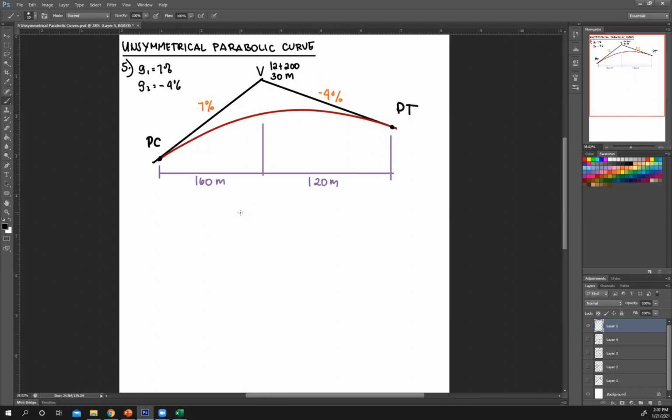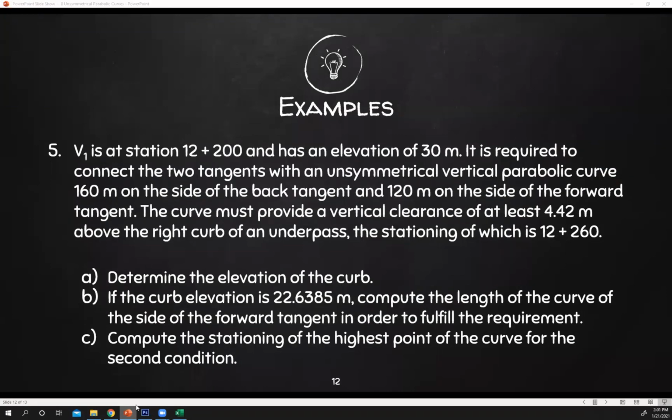So drawing your curve, let's say it's somewhere here. Okay. This is your underpass. Here it is. And then drawing your curve. And this is your right curve, this is your left curve. So this curve has stationing 12 plus 260.